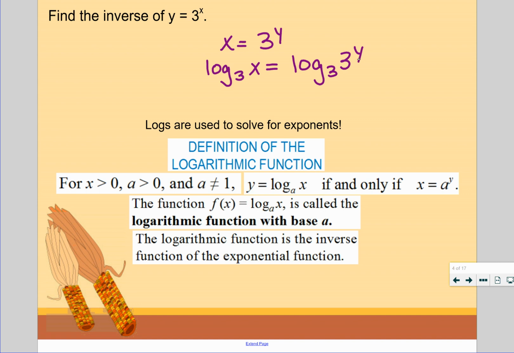Looks like a little sub notation. And a log base and an exponent base that are the same will cancel each other out. So I end up with that log base 3 and the exponent base 3 going away, and it leaves me with just the y. And so this is the big idea behind logs. We want to be able to cancel out that base, and that's what a log does for us, okay?